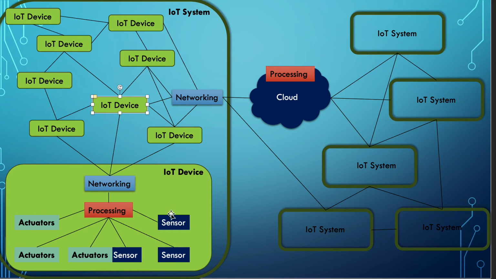That sensor will detect that the intensity of sunlight is low, and that data will be processed and a command will be created in the processing unit and sent through the networking system to the lights on the road, where they will switch on.